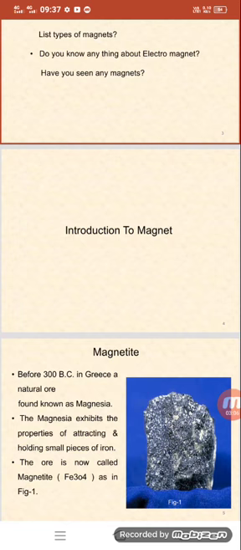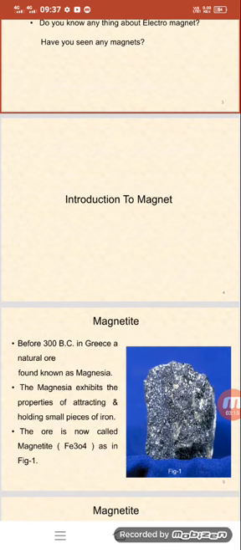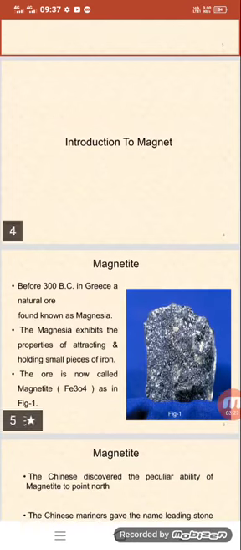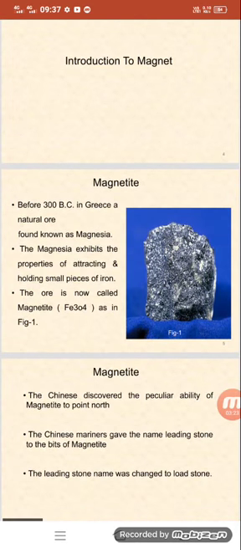As shown in the figure, we have the picture of magnetite. Its chemical formula is Fe3O4. The Chinese discovered the peculiar ability of magnetite to point north.